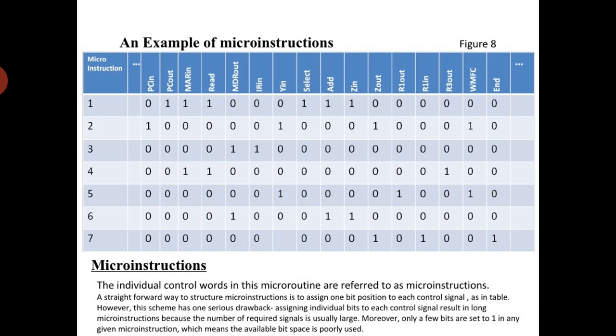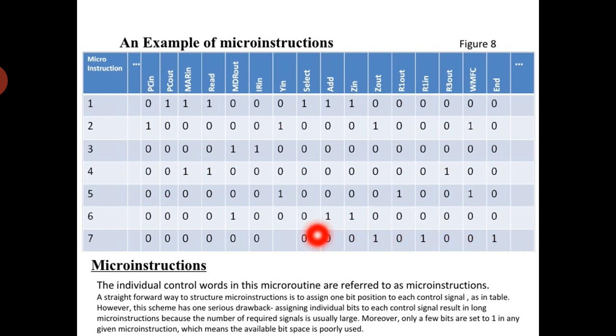So this is a microprogram instruction. In the case of the 7th microinstruction, what control signals are activated? In our example, we activated the Z out control signal, R1 in and end. So Z out is represented as 1, R1 in is 1 and end signal is 1.